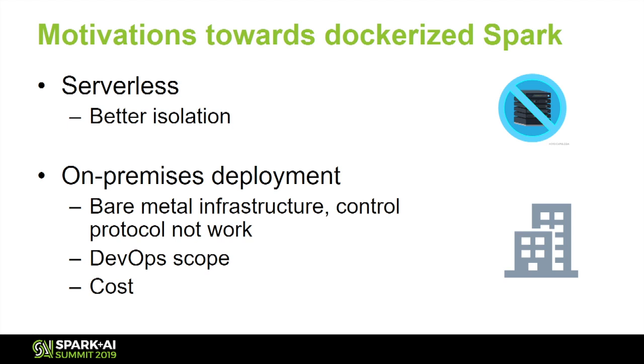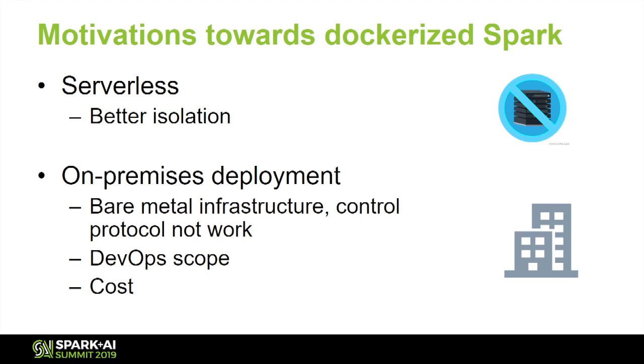They just want to launch the query and get results, or run their job somewhere. They don't care, right? So serverless is one of the key motivations. But they need better isolation, and containers are a way to do better isolation.